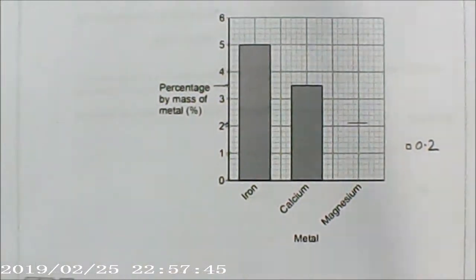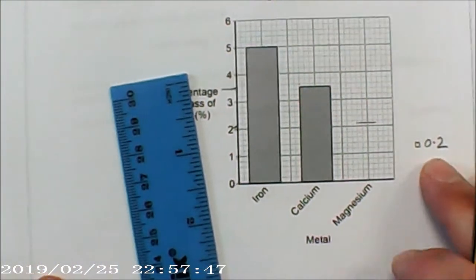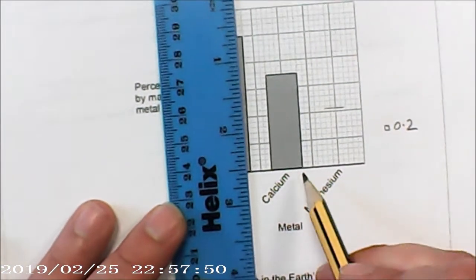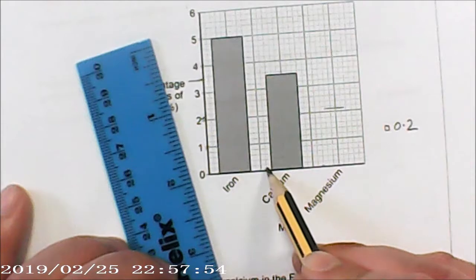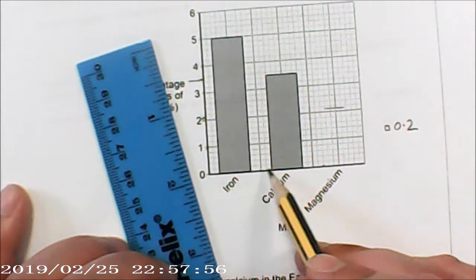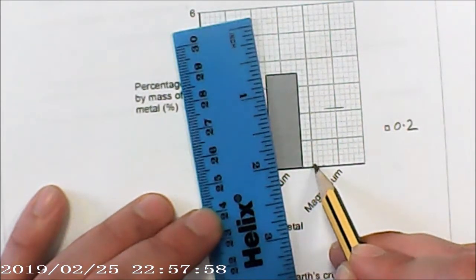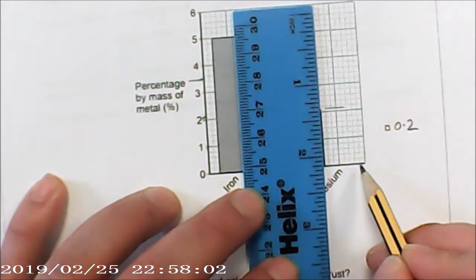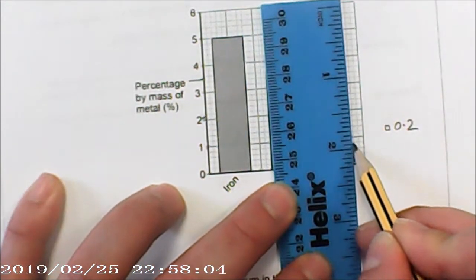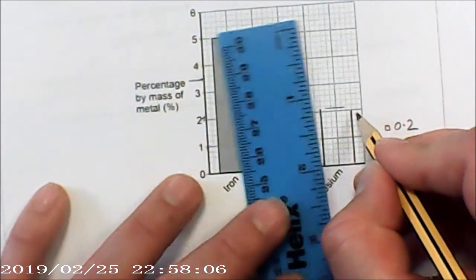Now how wide you do your bar is technically important, but you wouldn't get marked down in this question. They've got 2 little boxes on either side, left's free, so I'm going to go 2 little boxes to here, and then 2 little boxes up as well.